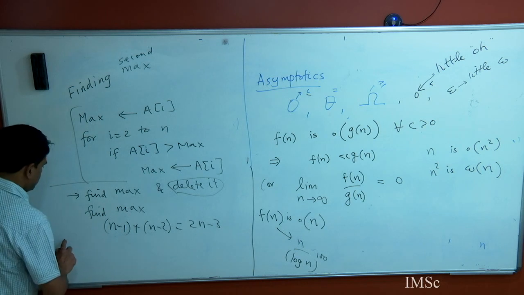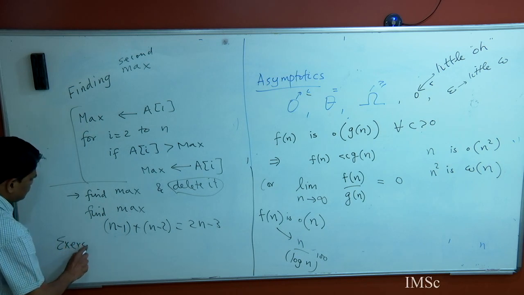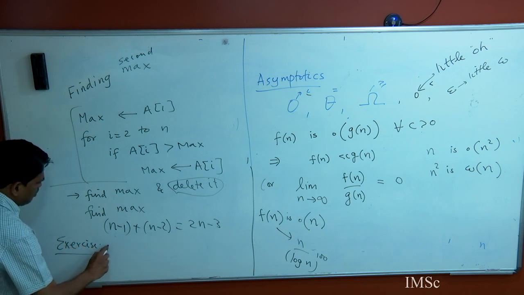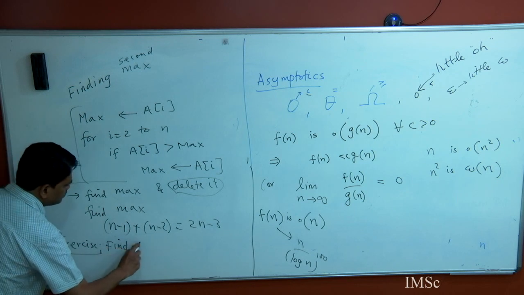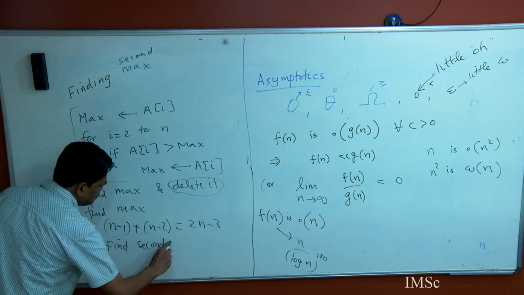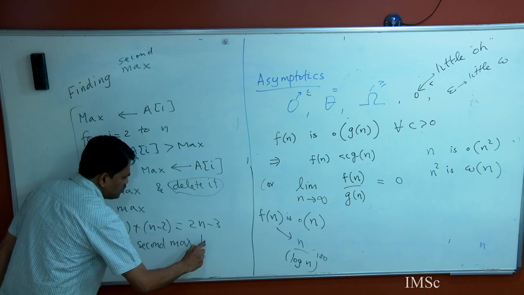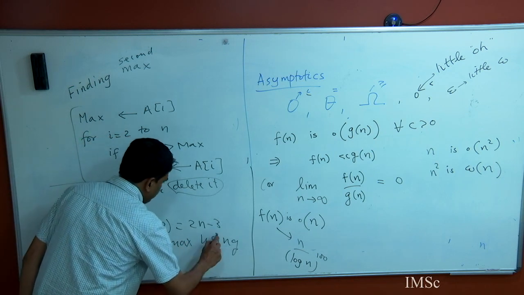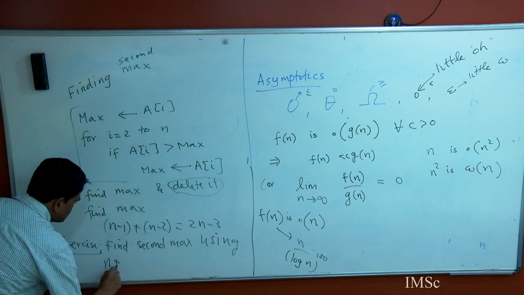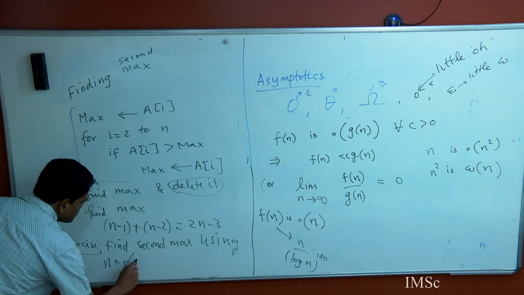So here is an exercise. Find the second max using n plus little o of n comparisons.